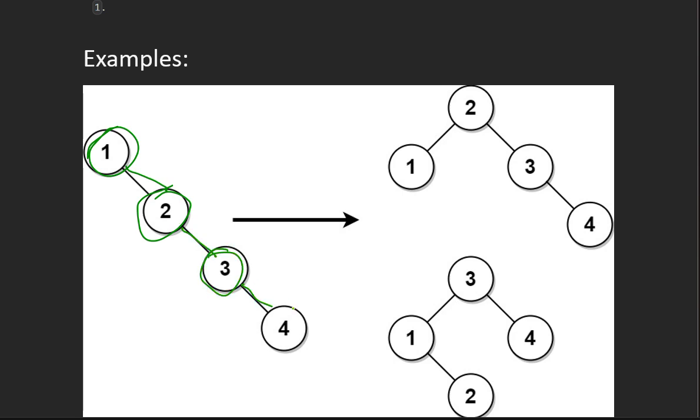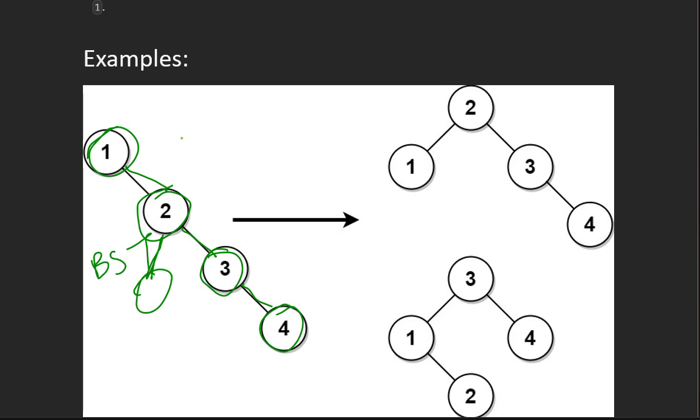Four is larger than three, present on the right node. So basically, it is a binary search tree. And suppose if we have some element smaller than 2, then it would have been present here, right? So this is a binary search tree, right?